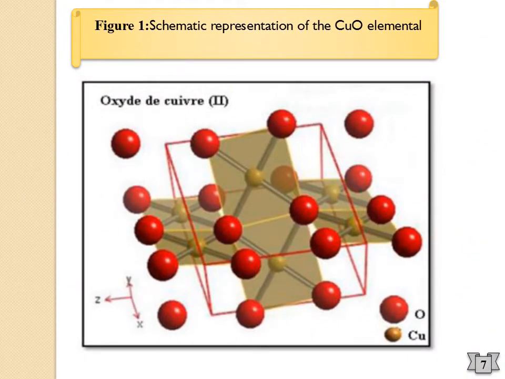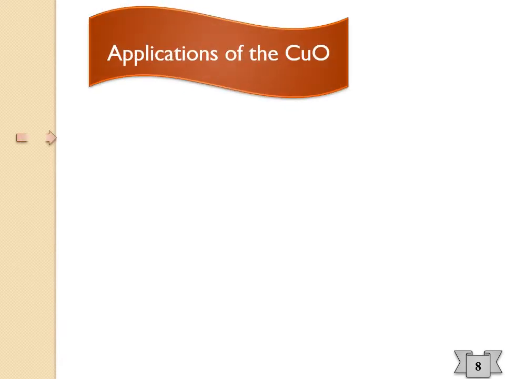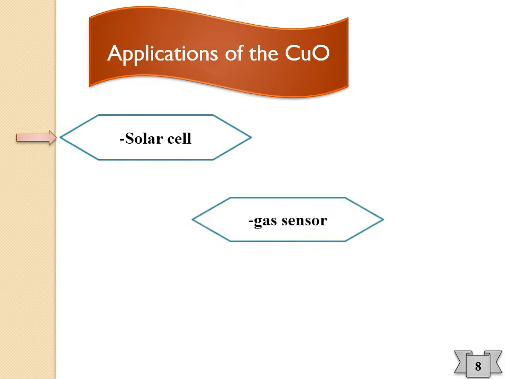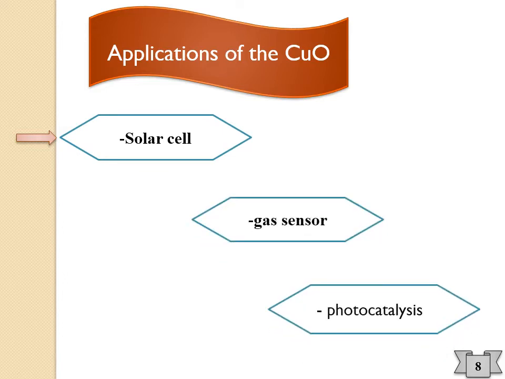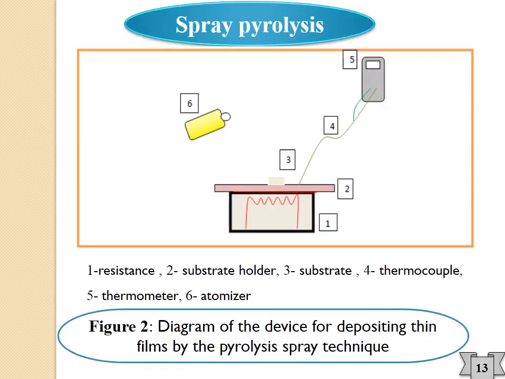Figure: it is a schematic representation of CuO elemental. We can use the CuO in various applications such as solar cell, gas sensor, photocatalysis.